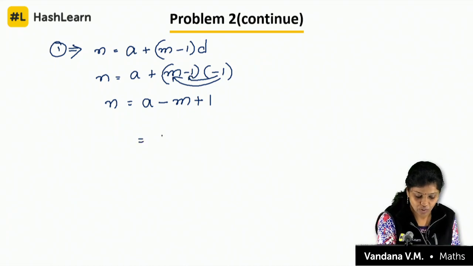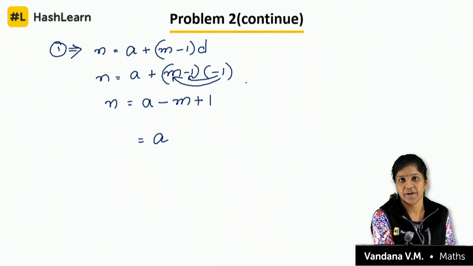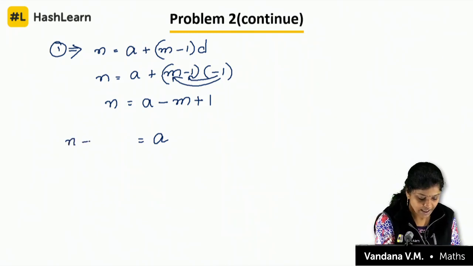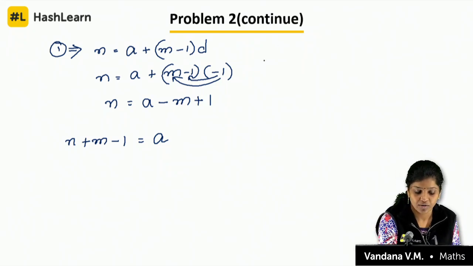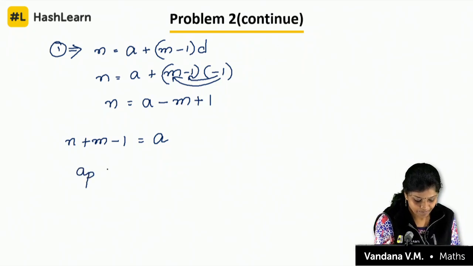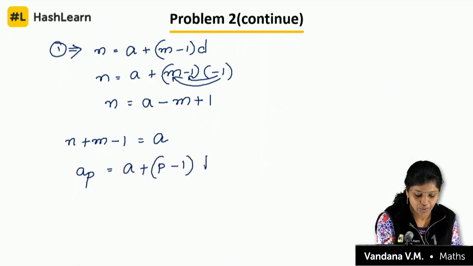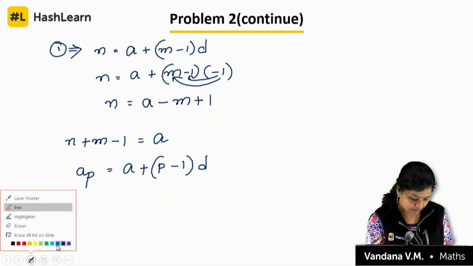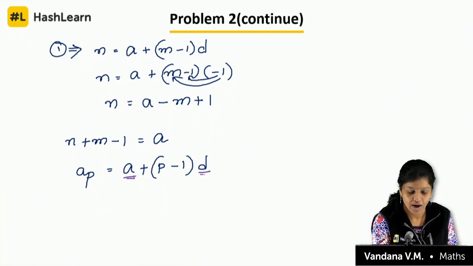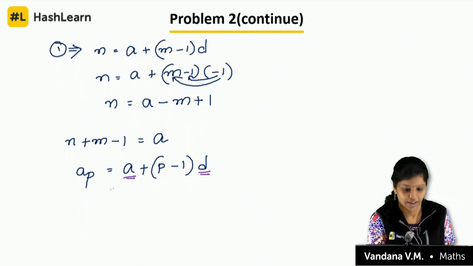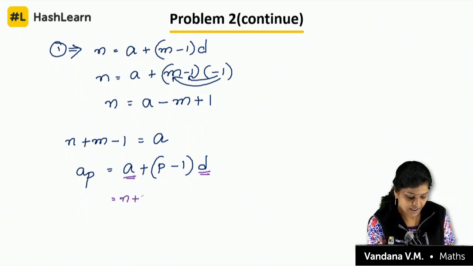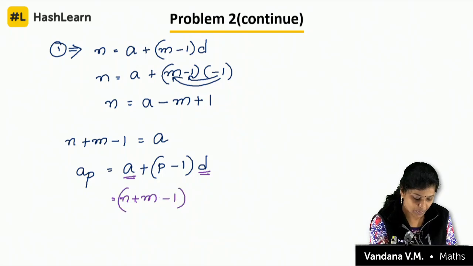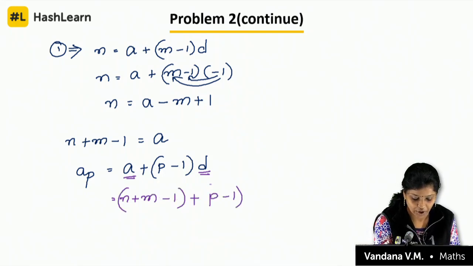Now, actually I would like to find out the a value. Bring this to this side, a is equal to n plus m minus 1. Actually what I have to find out? A_p is a plus p minus 1 into d. Now, I knew the values of a and d, I am going to replace. n plus m minus 1 plus p minus 1 into d. d value is minus 1.